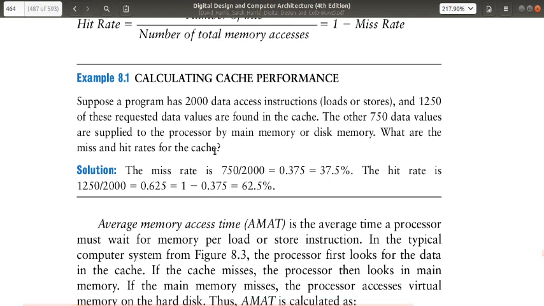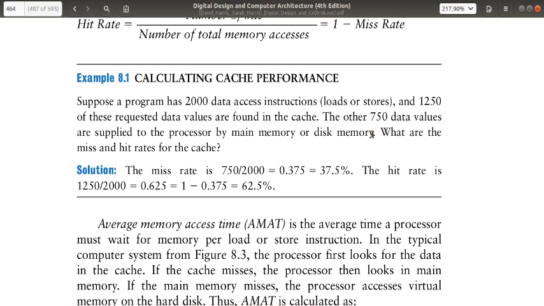When we are calculating the miss rate or hit rate for a certain type of memory, we are not bothered about what type of memory we are getting the missed data from. Here 750 data are taken from the main memory or disk memory, but that doesn't matter.